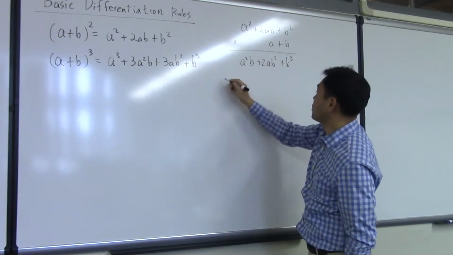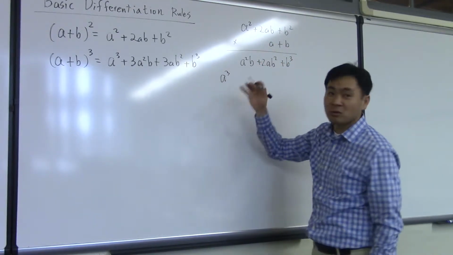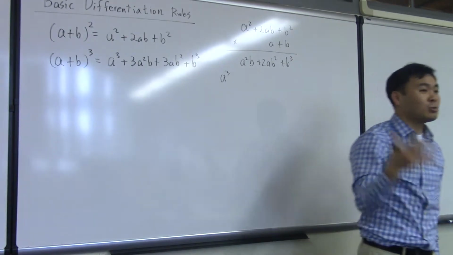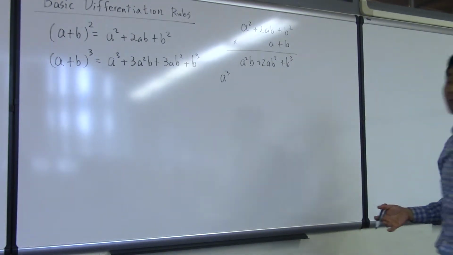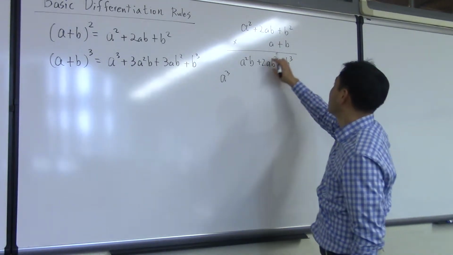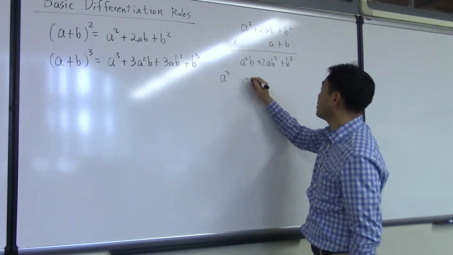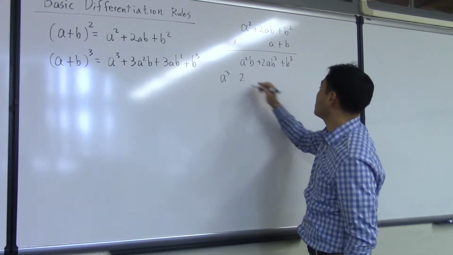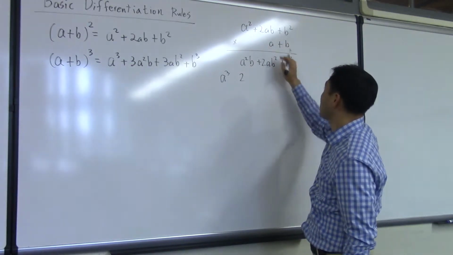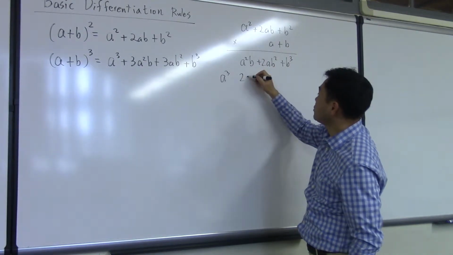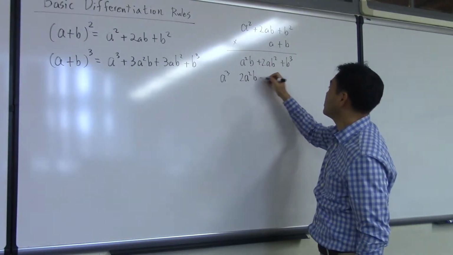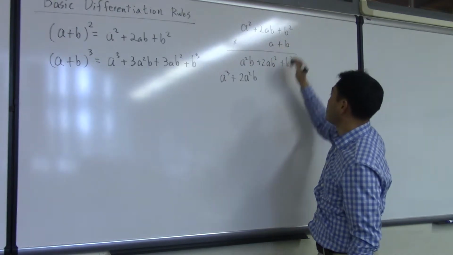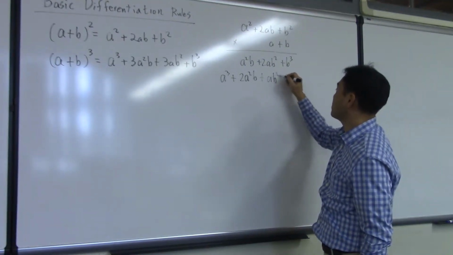A times a squared, you write it over here. Just like when you do 3-digit times 2-digit multiplication. Okay? A times 2ab is 2a squared b. A times b squared is ab squared.